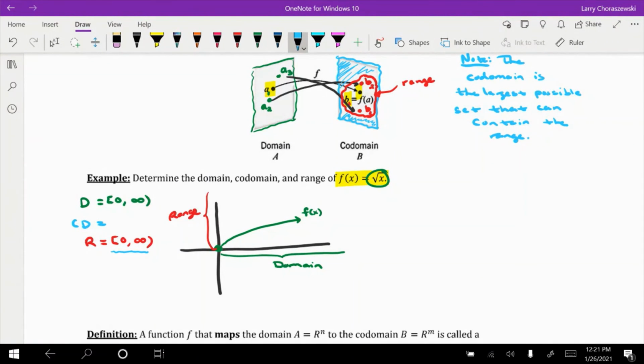What's the largest number set that can contain that? Exactly, all real numbers. And there's a piece of this diagram that gives us a visual representation of the codomain, and that would be the entire y-axis. That would be our codomain.